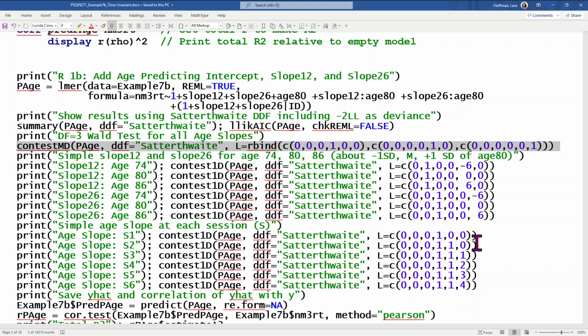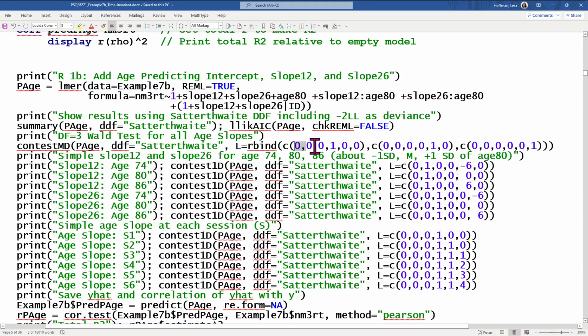The way that you make these statements is to start by providing as many values as you have fixed effects in the order in which the fixed effects are shown in your output. Not necessarily the order in which you wrote them, but the order in which they appear in your output. So the order in which they're in the output is consistent with how they're written here.